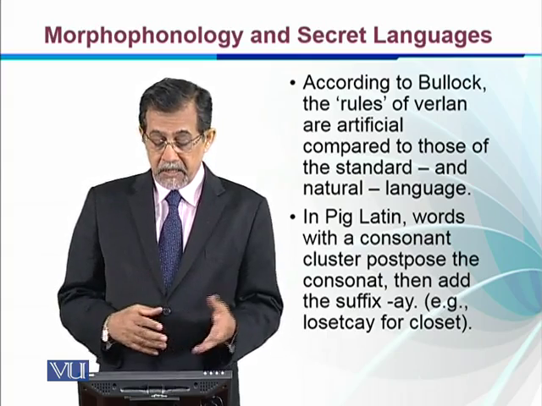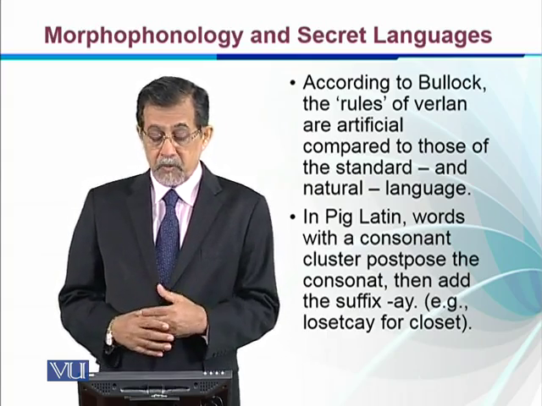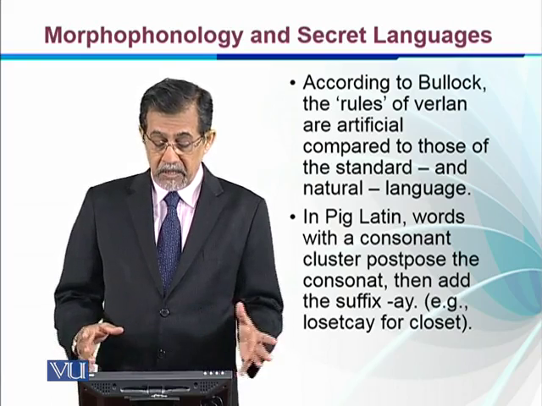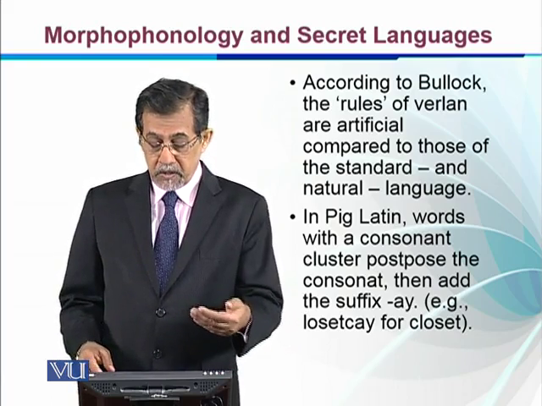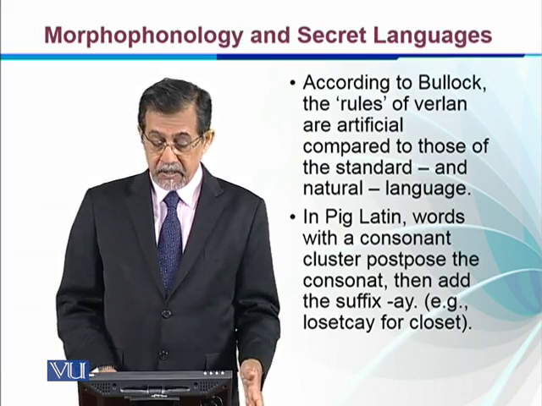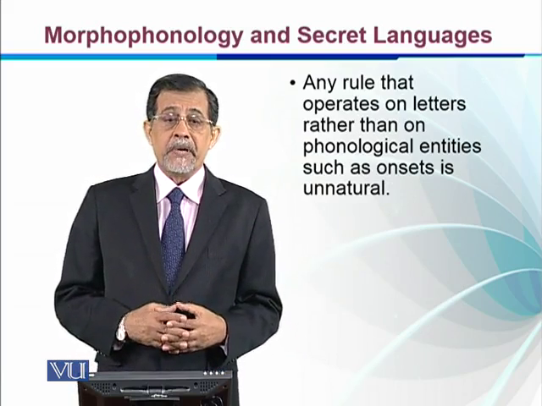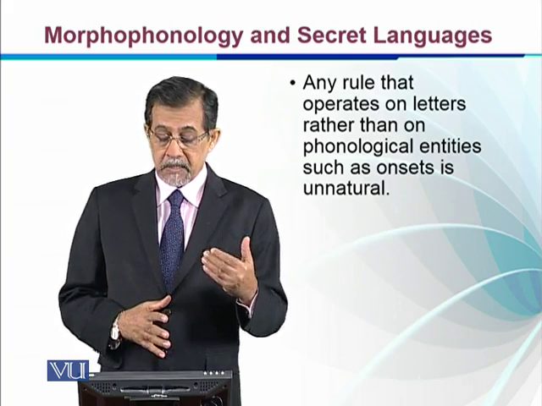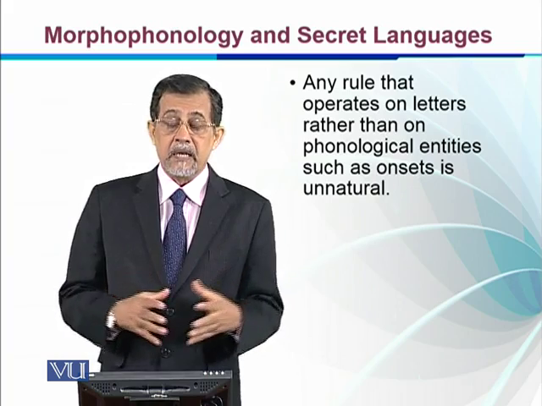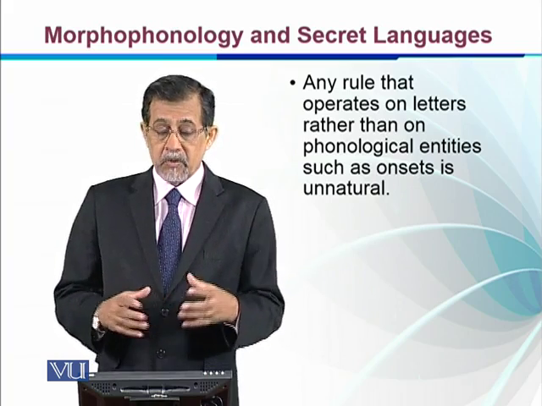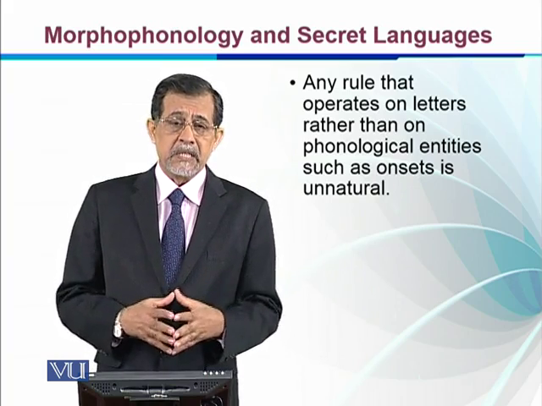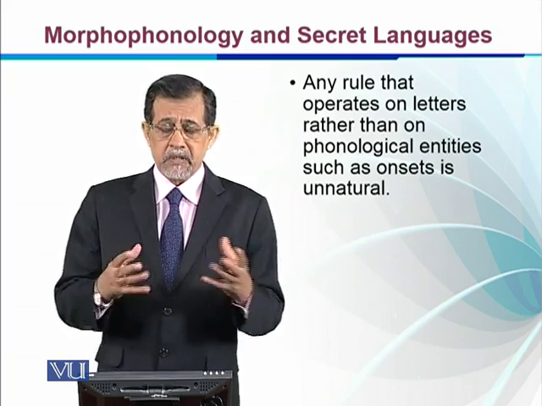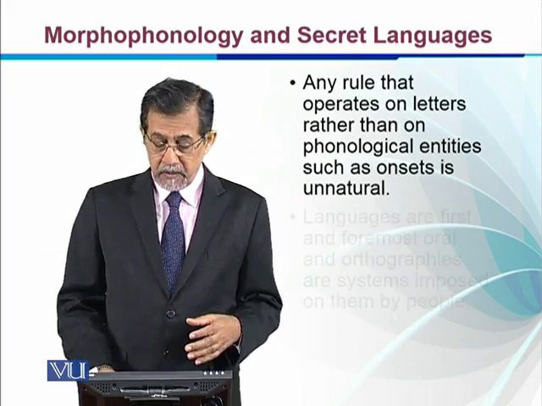The "k" sound is shifted, and "a" is added to it, and we get another word, "osetkla" type of word. Any rule that operates on letters rather than on phonological entities such as onset is unnatural. So obviously these are not natural languages.